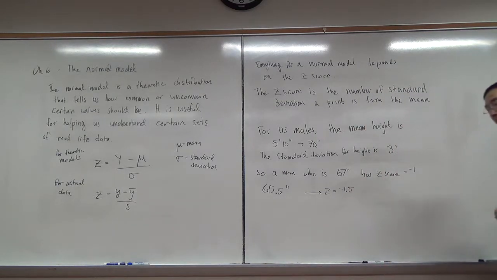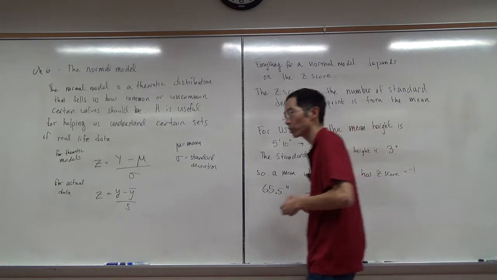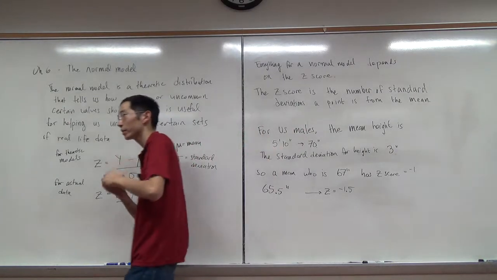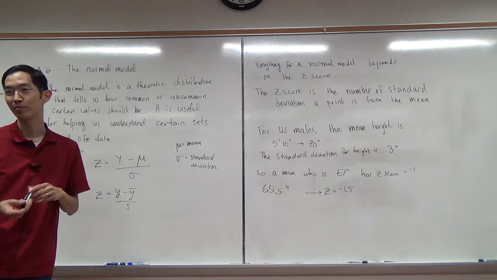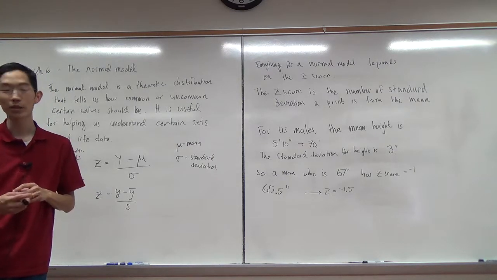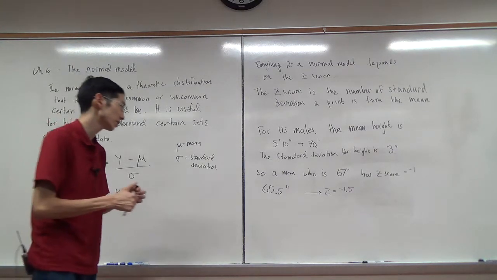Okay, and if I say a man has a z-score of positive 2, how tall is this person? What's that? 76 inches.